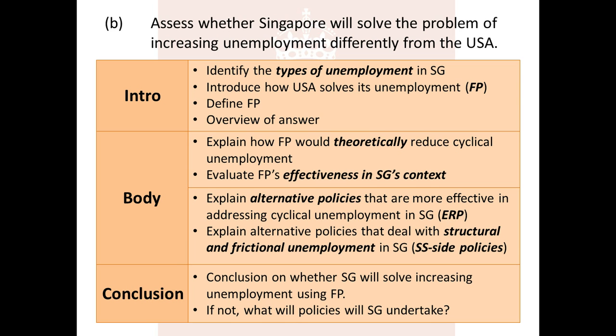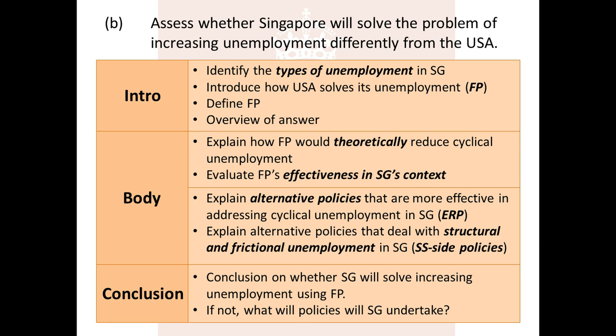Next thing, we bring it to Singapore's context and we evaluated the effectiveness of fiscal policy. This is where we brought in the size of the multiplier, and we said that the multiplier in Singapore is really quite small, because of the nature of our economy, where there is a large proportion of savings and imports.